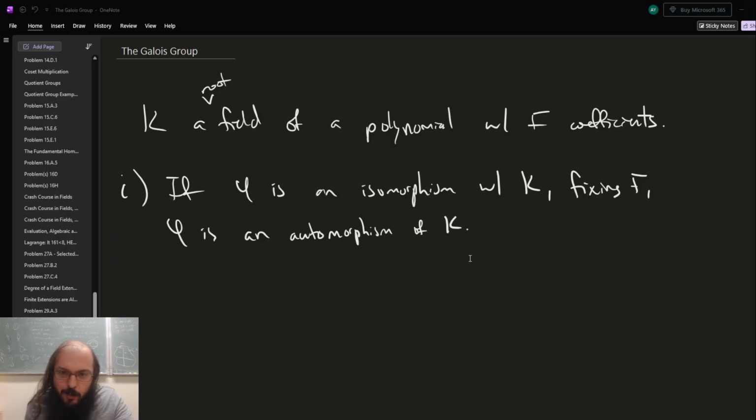We recall that an automorphism means an isomorphism with yourself. We saw this last time in one of those theorems. Maybe it was theorem 4, maybe theorem 5. I don't remember.